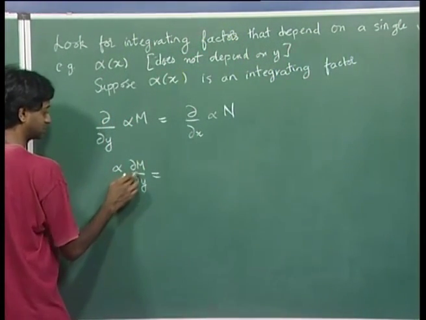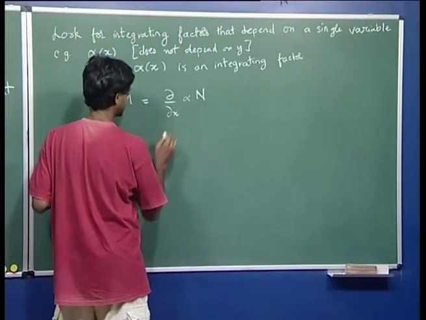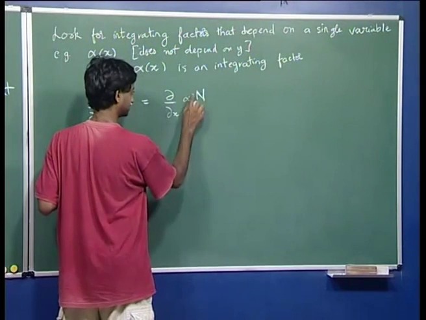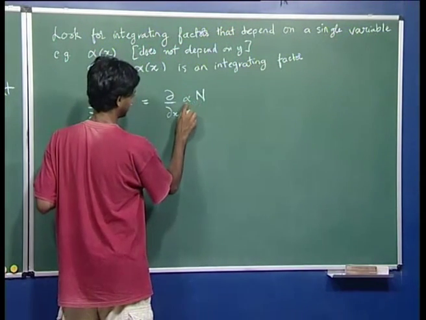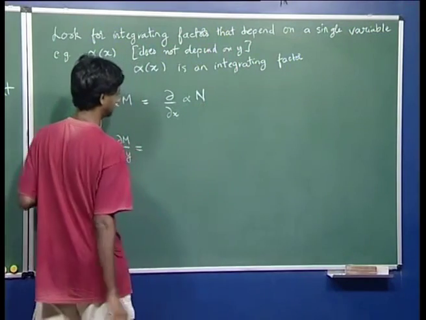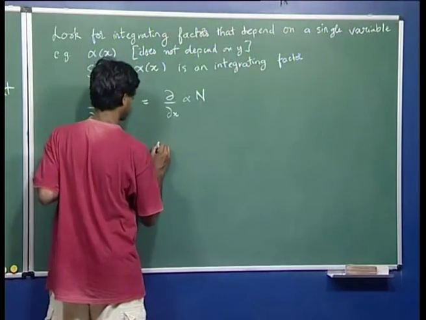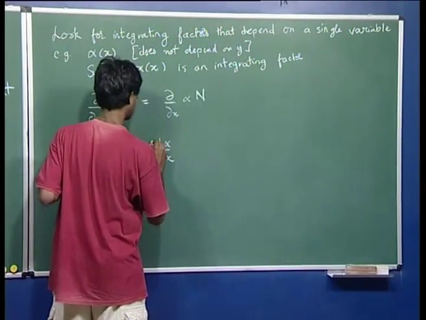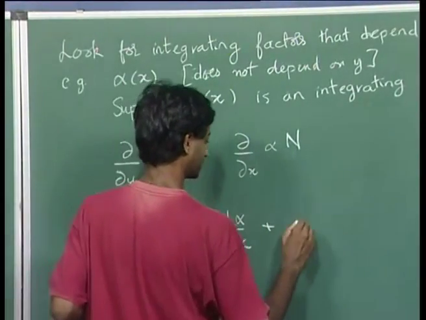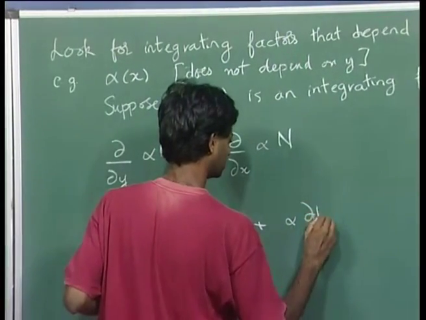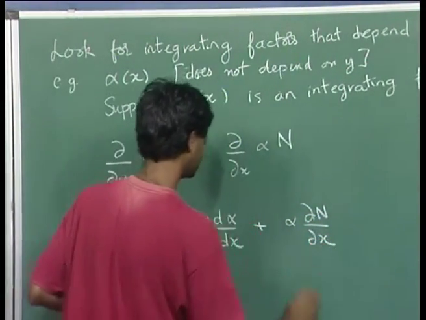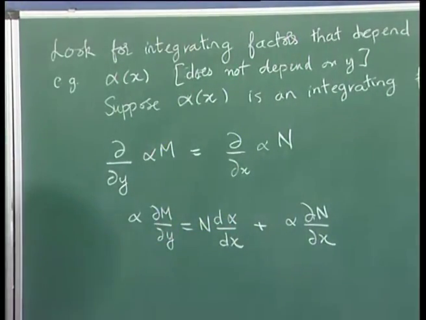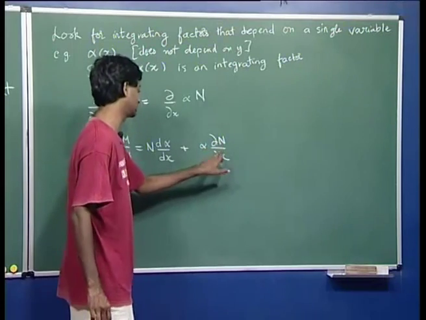So you have alpha times dou M by dou y, and the partial derivative with respect to x of alpha N will have two terms. The first will be d alpha by dx into N, plus alpha dou N by dou x. Notice this is an ordinary derivative because alpha depends only on x, whereas this is a partial derivative because N depends on both x and y.